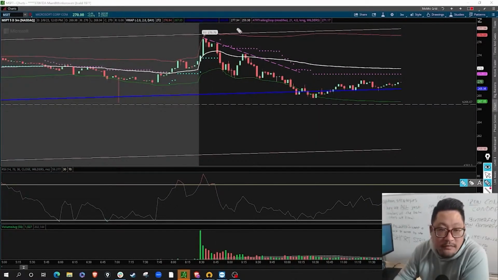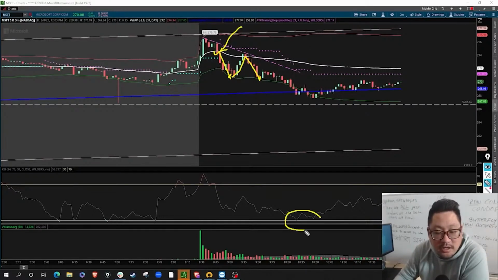And sure enough, right here, folks, this is important. You may not notice it, but Microsoft actually got under the VWAP and went straight down to the target. It came back up to the VWAP, then went straight down to the target. And as we started descending, we're still working lower.